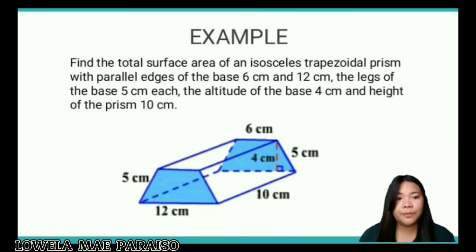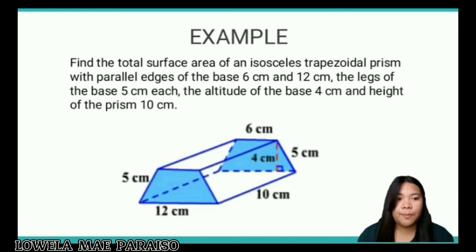For example, find the total surface area of an isosceles trapezoidal prism whose parallel edges of the base are 6 cm and 12 cm. The legs of the base are 5 cm each. The altitude of the base is 4 cm and the height of the prism is 10 cm.